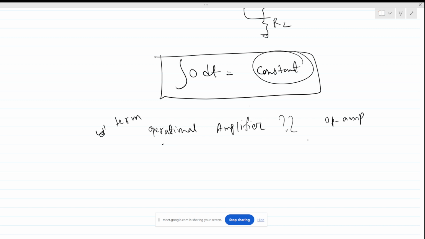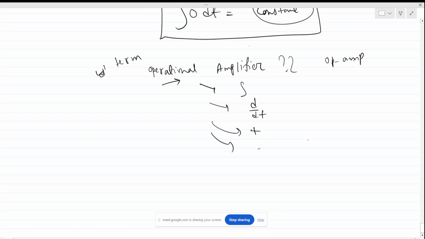Because we can do many mathematical operations, like integration, differentiation, adding, subtracting, and we can use exponential types of behavior and so on. So this is why this amplifier is called an operational amplifier.